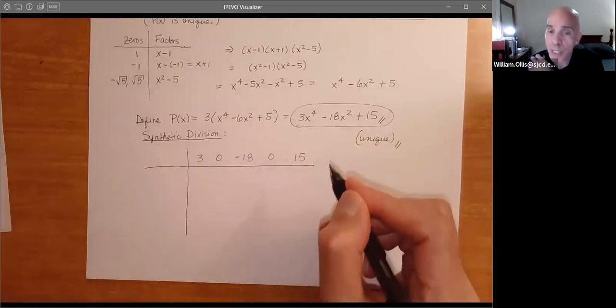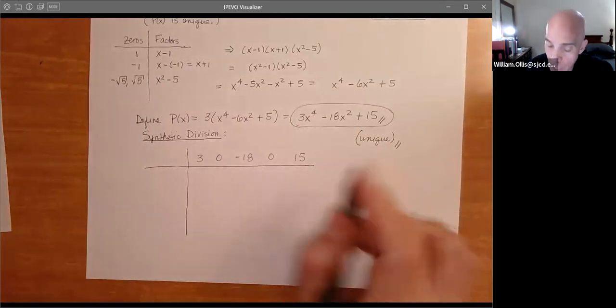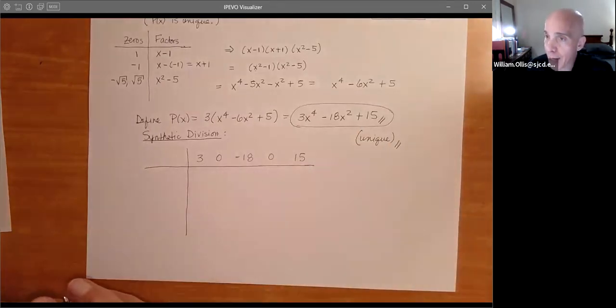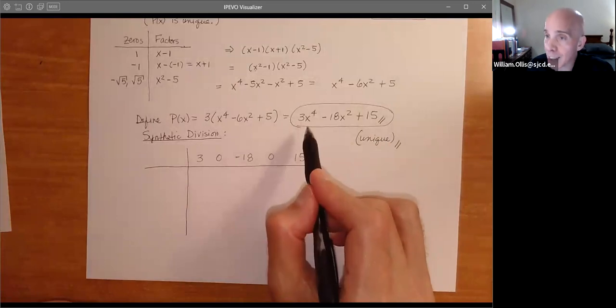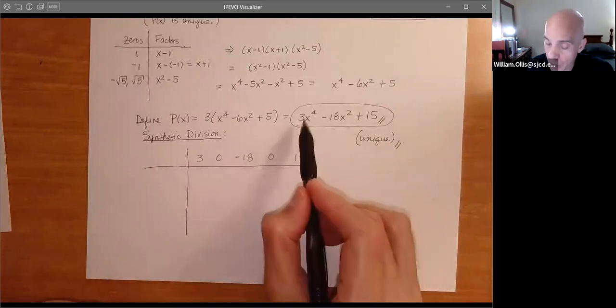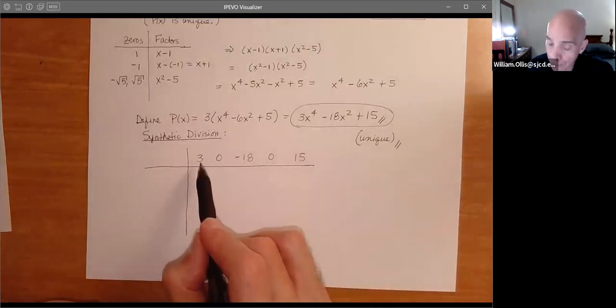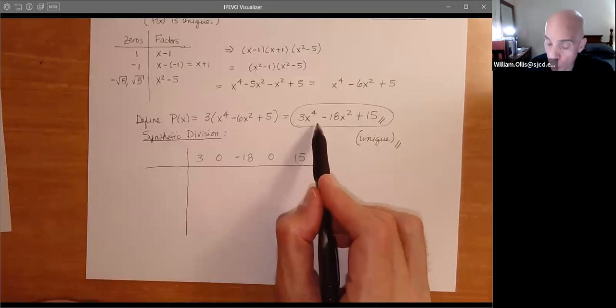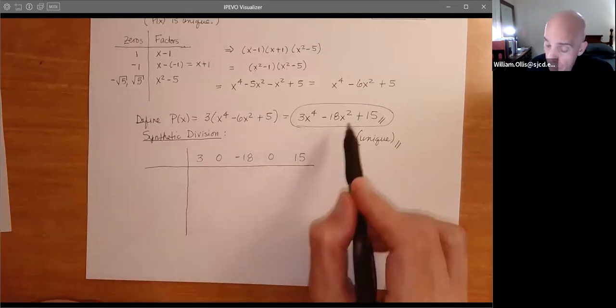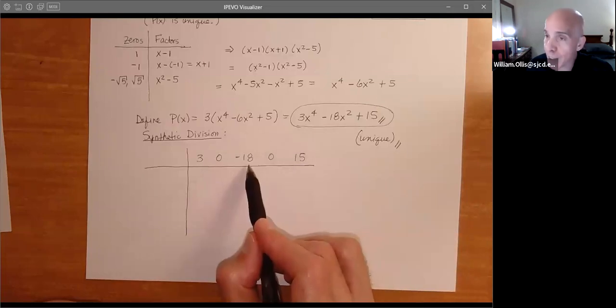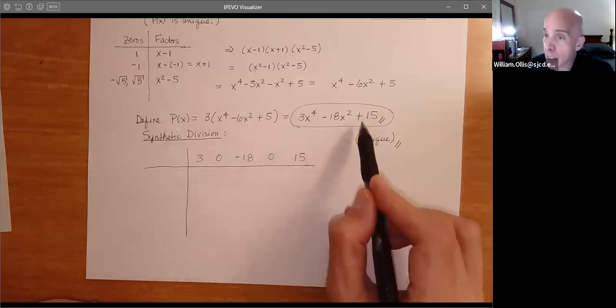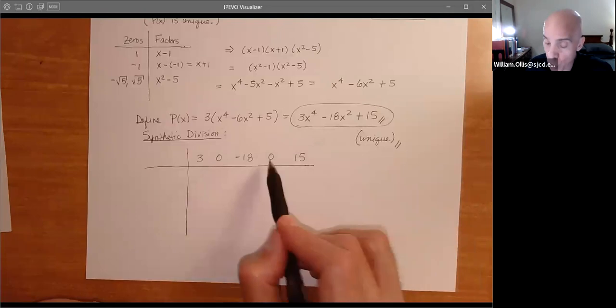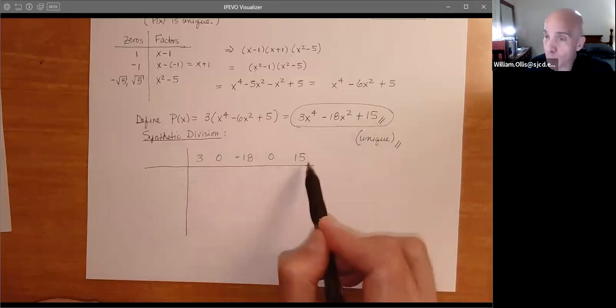So what we want to do is represent the coefficients of all the powers of x, starting with the leading term. Okay, so the leading term has coefficient 3, the cubic term has coefficient 0, the squared term has coefficient negative 18, the first degree term has coefficient 0, and the constant term is 15.